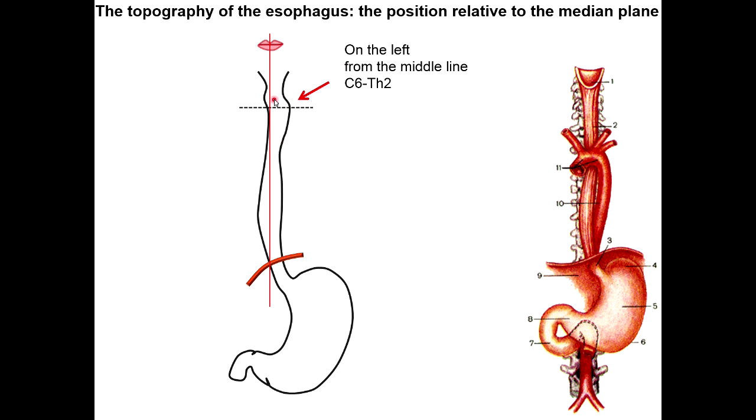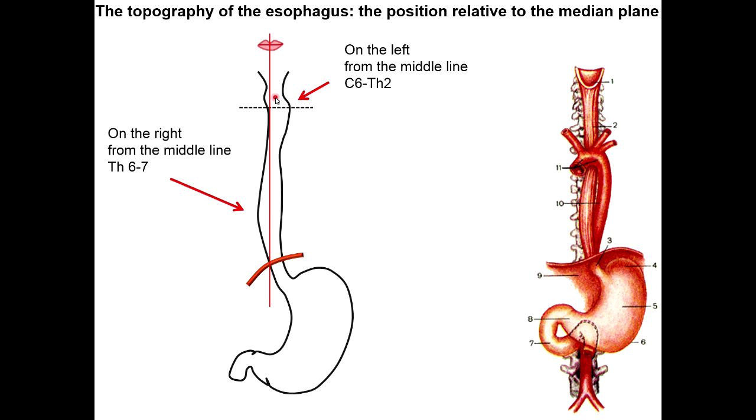So this is those part of esophagus which could be seen, for example, in ultrasound examination of the neck here from left side of the midline.